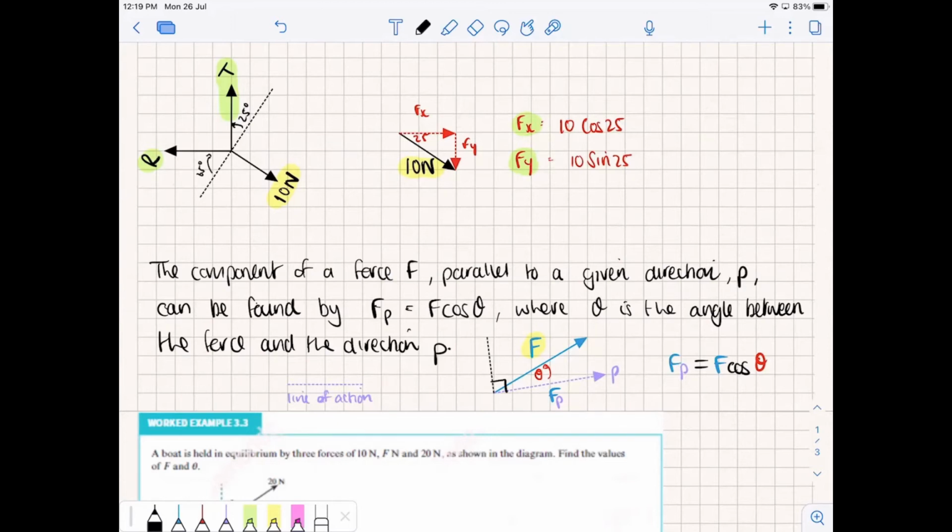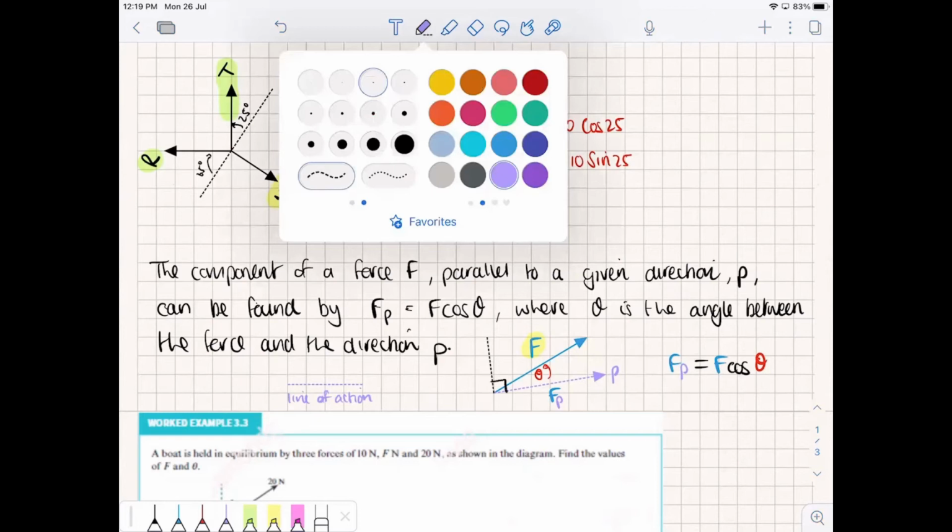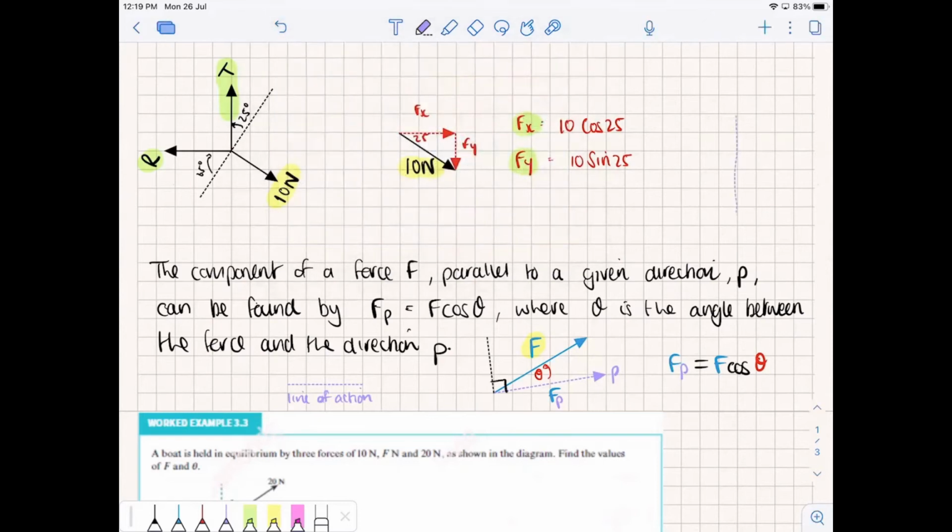They just won't be, in your eyes, vertical and horizontal, but they will be perpendicular and parallel to the new line of action. And when you think of a line of action, this is all I want you to imagine in your mind. This is what we've been considering our lines of action.